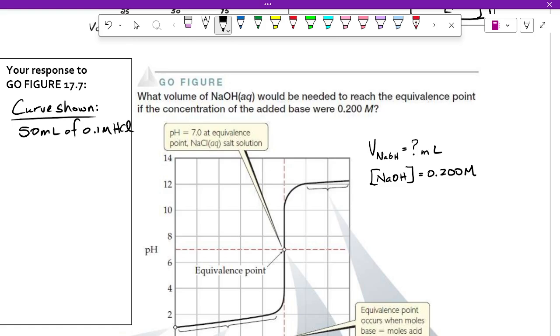What other information are you given about the curve shown? Go back to the bottom of that diagram and find it. Because I feel like a weakness of many people is not being able to pick information out of graphs and diagrams given to you. So go look.